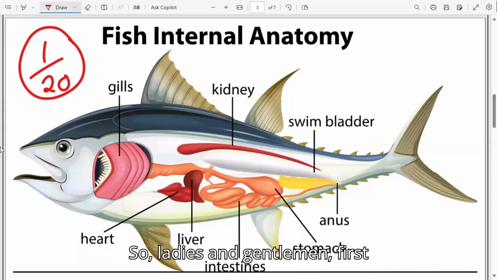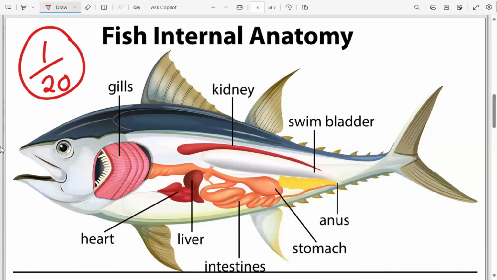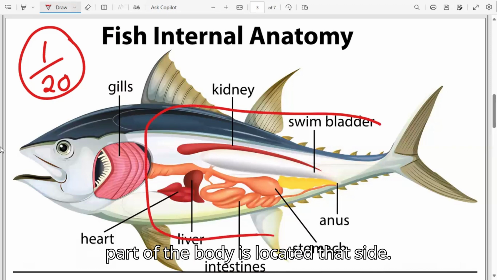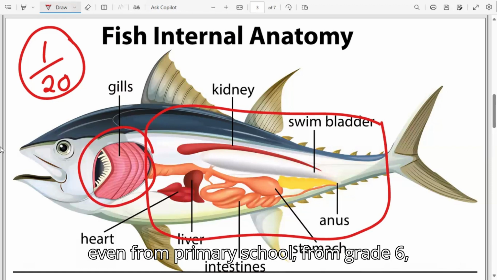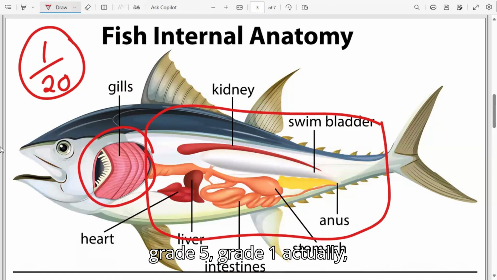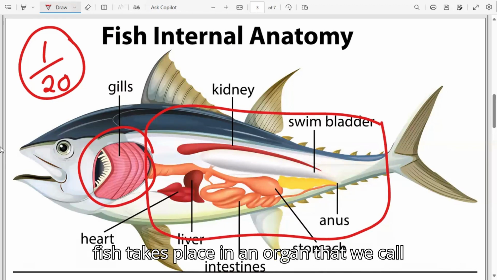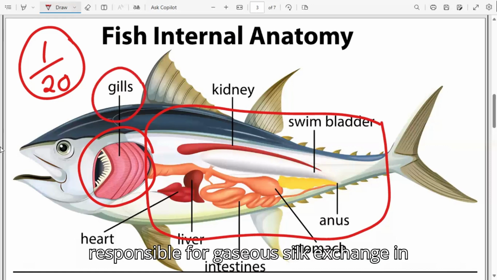So, ladies and gentlemen, first, if you look at the structure of a fish, I'm sure you can tell from this diagram, which is showing the anatomy of the fish, that the larger part of the body is located that side. And even from primary school, we already know that respiration in a fish takes place in an organ that we call a gill. The gills are responsible for gaseous exchange in the fish.